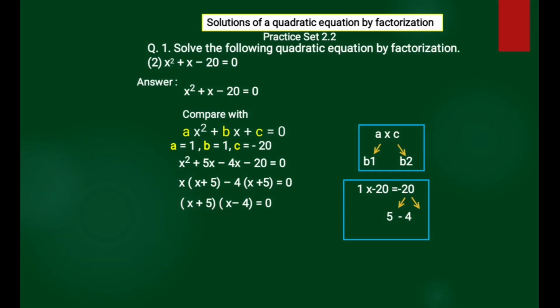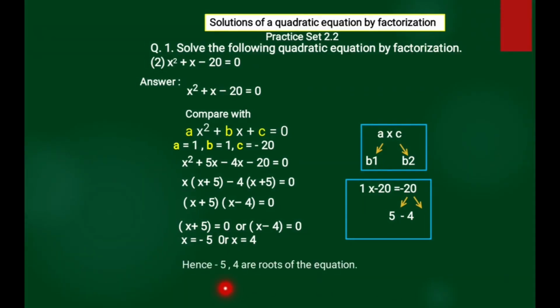So we write x plus 5 equals 0 or x minus 4 equals 0. After transferring this plus 5 to the right hand side we get x equals minus 5 or x equals 4. Hence minus 5, 4 are the roots of the given quadratic equation.